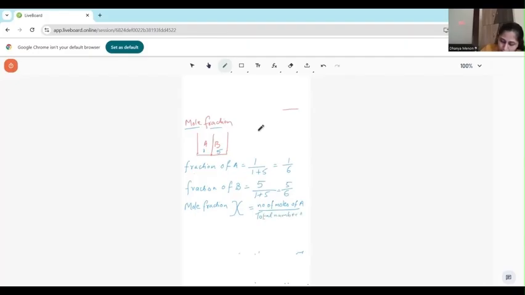This is the mole fraction of A. I'm referring to this example. So if I write chi of A, it is number of moles of A by the total number of moles. What is the total number of moles? Number of moles is Na plus Nb.